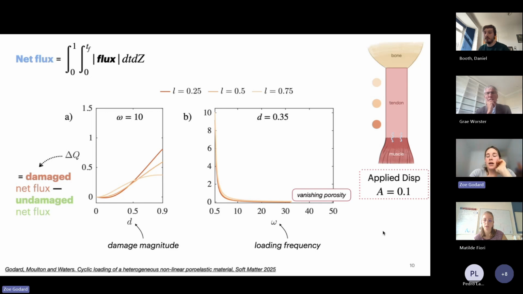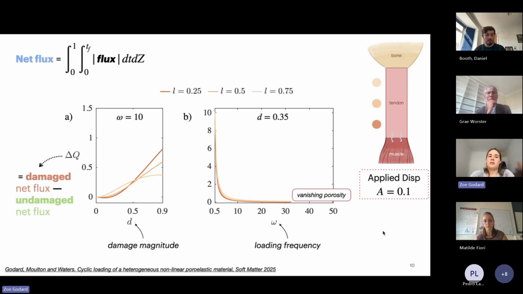In this scenario, yes, but it depends. So, for example, when we look at damaging the permeability, which in our case was locally decreasing the permeability, that decreases the flux, which was also then decreasing the net flux. So it really depends on the scenario.